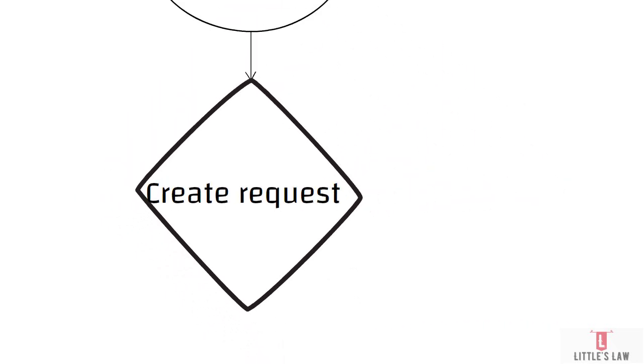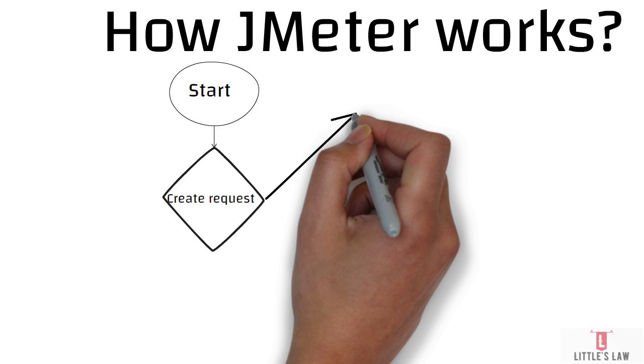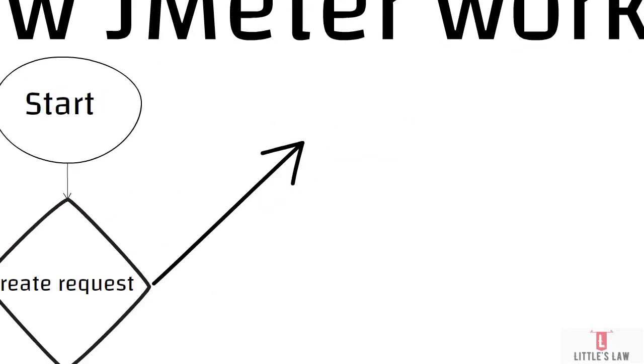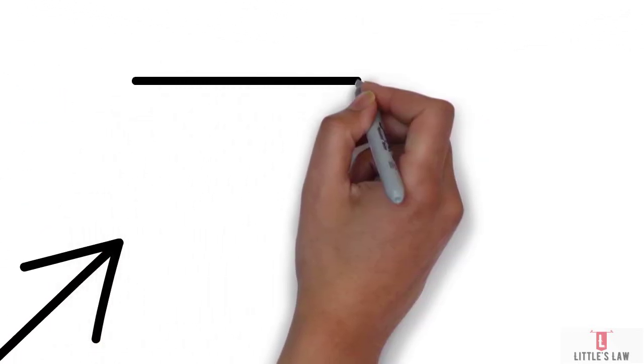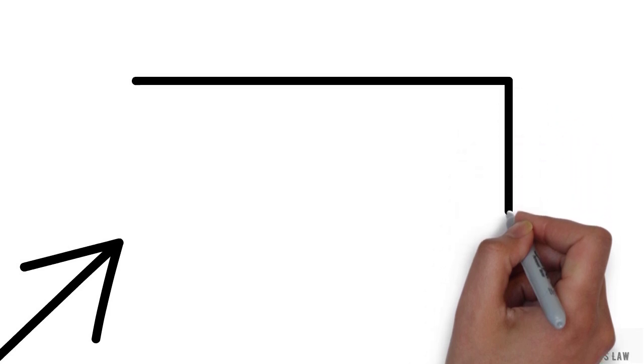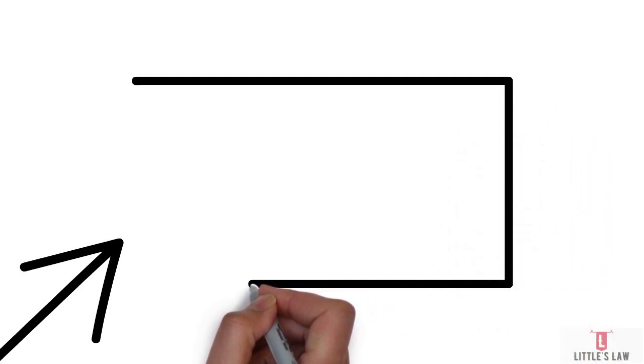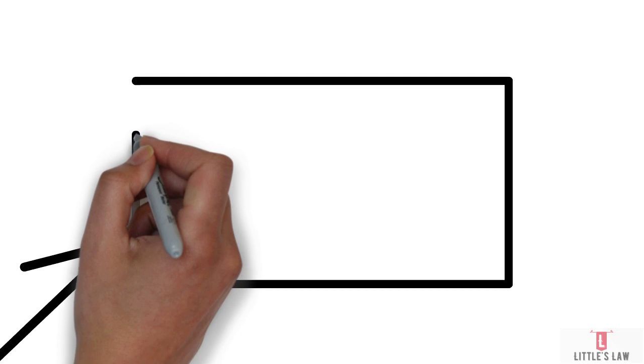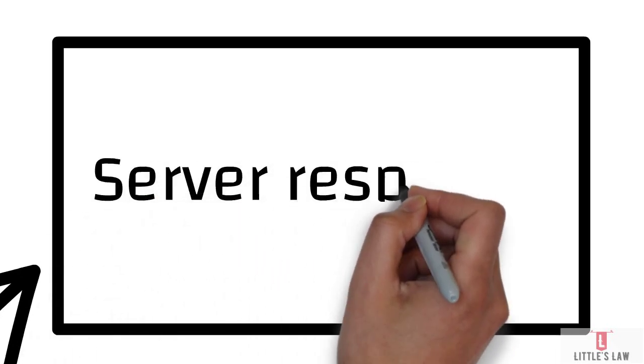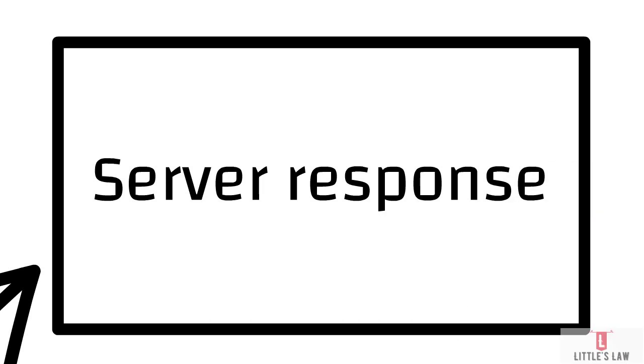And coming to step three, which is the server response. The target server processes the incoming request which we have prepared in step two. It processes the incoming request from JMeter and executes the corresponding actions as defined in its application logic. So that's what happens in step three. The server starts to respond to the request that has been sent from JMeter.